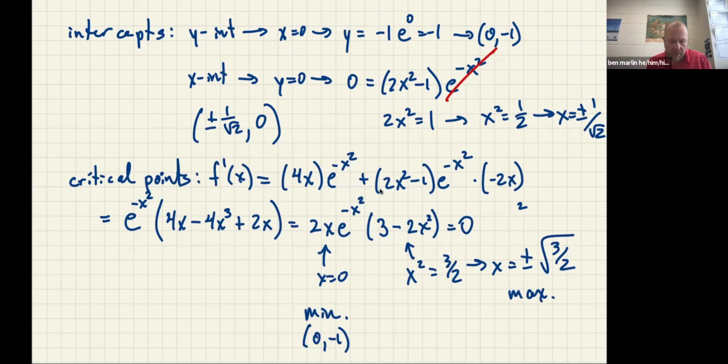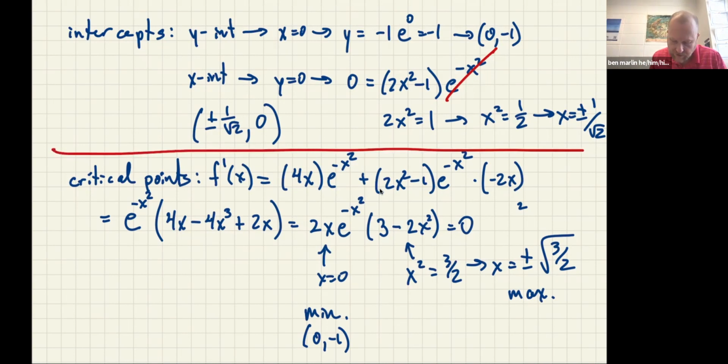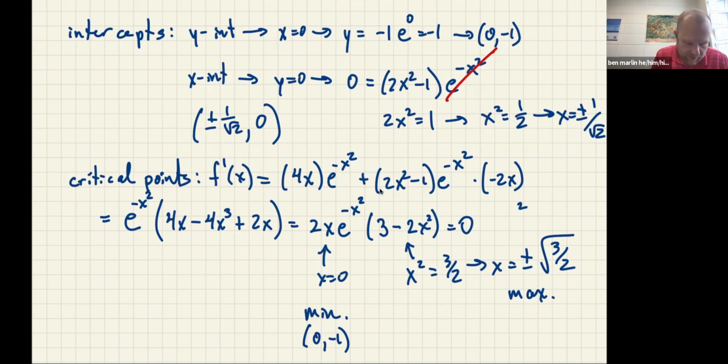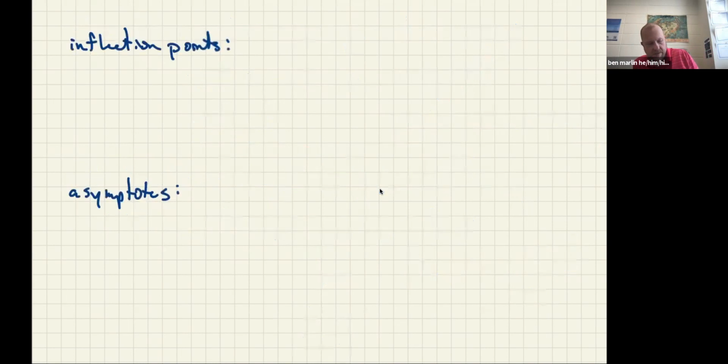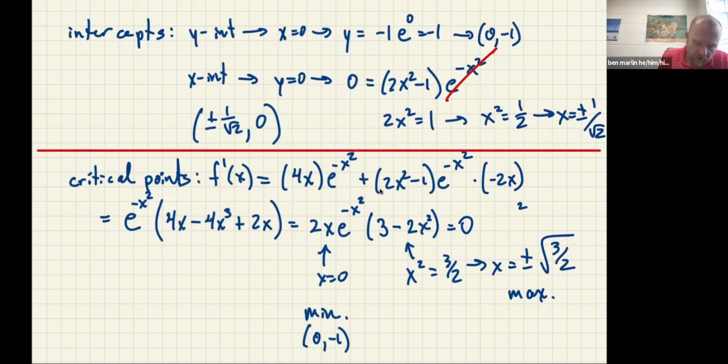Okay. All right, and I'm going to put a little divider line here so you can see where the work stopped. And I'm going to do it again because I might be a little bit OCD and I want my line to be straight if I can make it straight. All right. So now we're going to have to look for inflection points. So for inflection points, we are going to need to know a derivative.